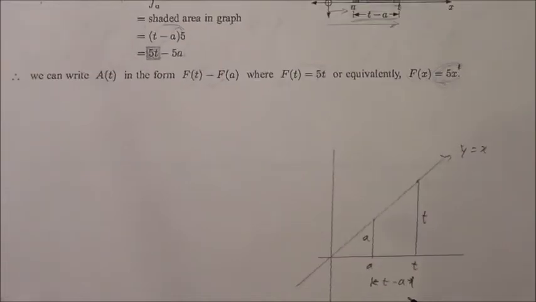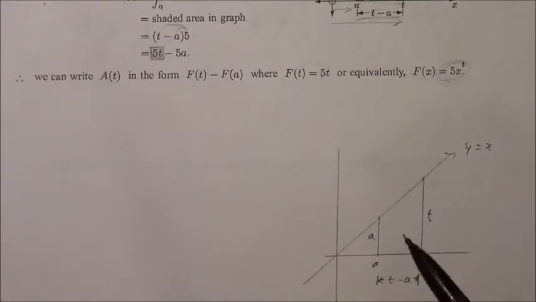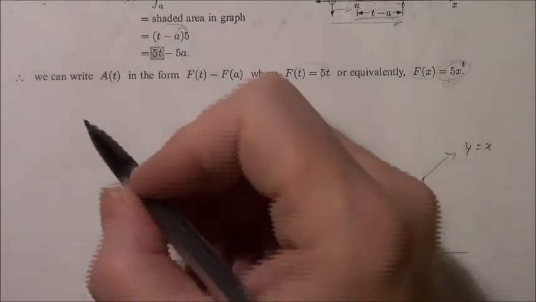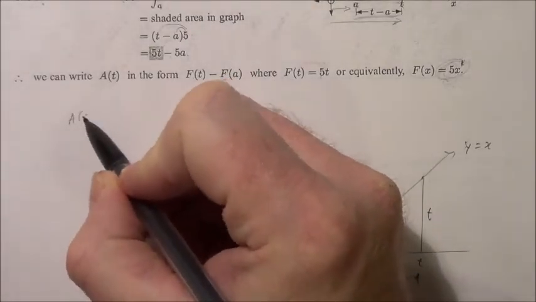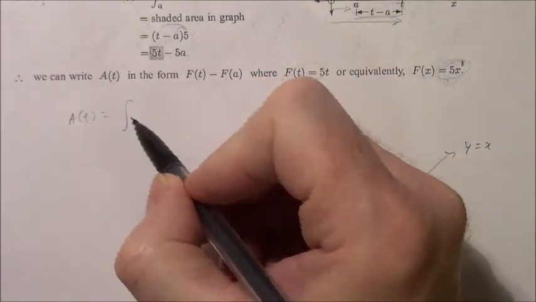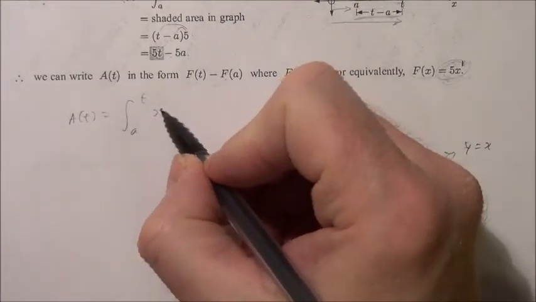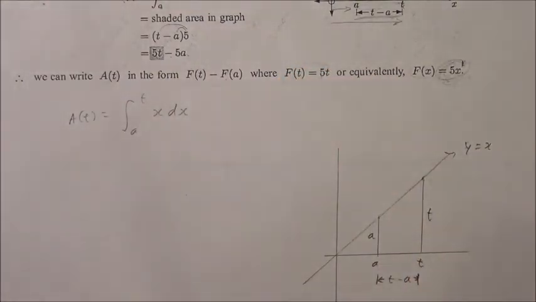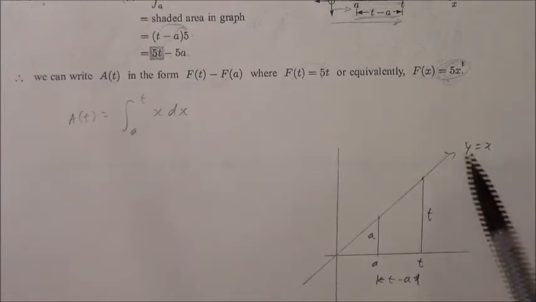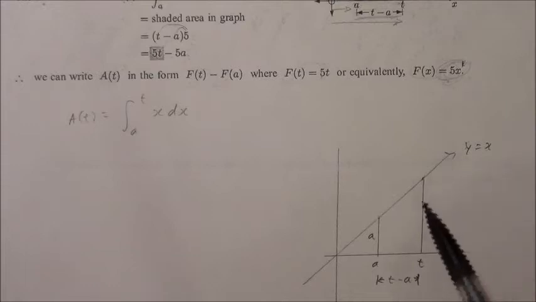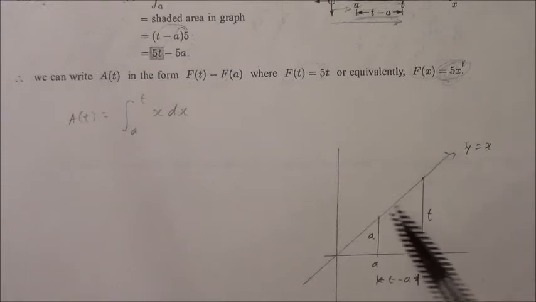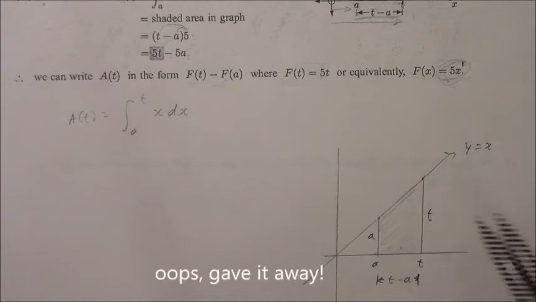Okay, so I'll just start you off very briefly. We've got the area, which is the integral from a to t of x dx. Okay, and so then we know that that's the shaded area, which is this shape here, this trapezium.